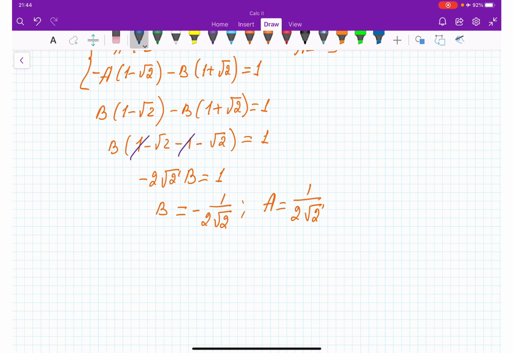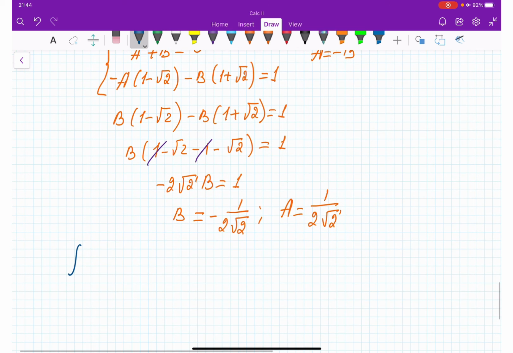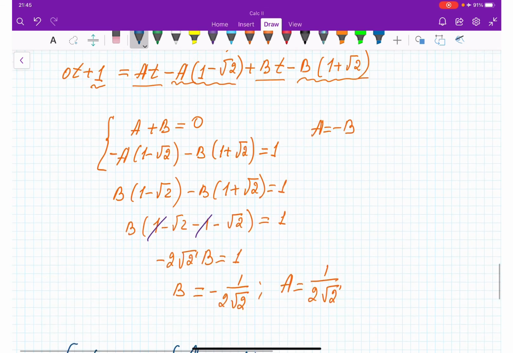So going back to blue color, so integral 1 over t minus 1 minus 2 dt, where it was equal integral, okay, integral a over t minus 1 minus square root of 2 dt, it was minus, right?